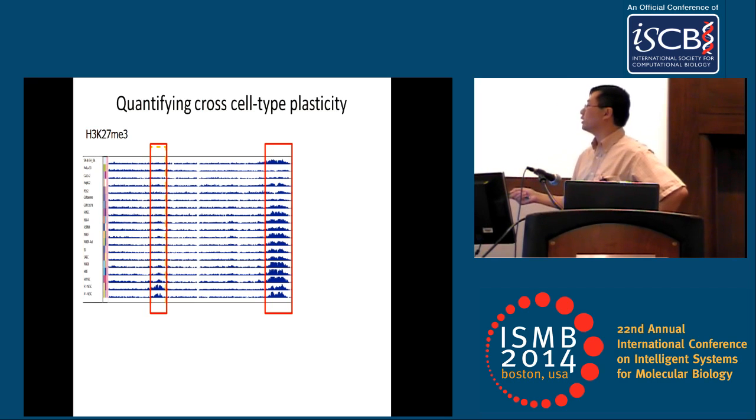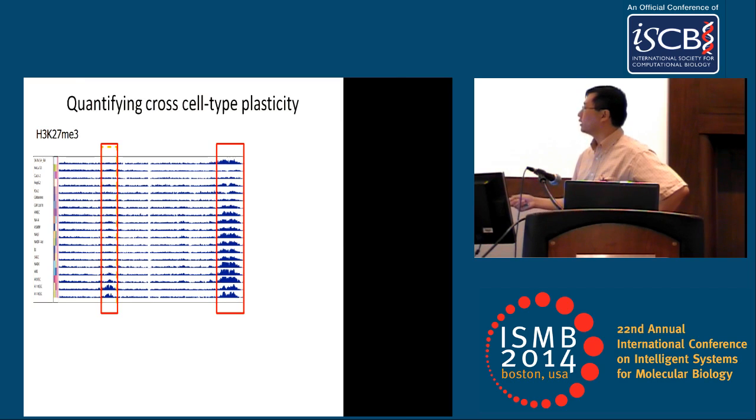Each of these tracks represents a cell line, all for this one single mark. For most of these areas there's really little activity, but there are these highlighted regions where you see not just the activity, but also the variation of that. From that, we can estimate which regions are variable across the cell lines and which ones are not.